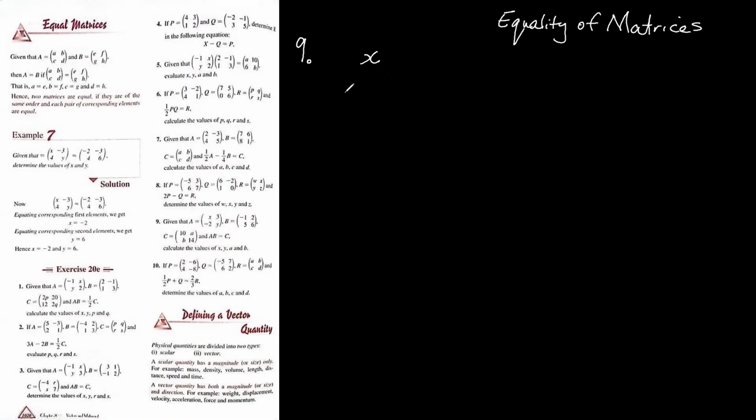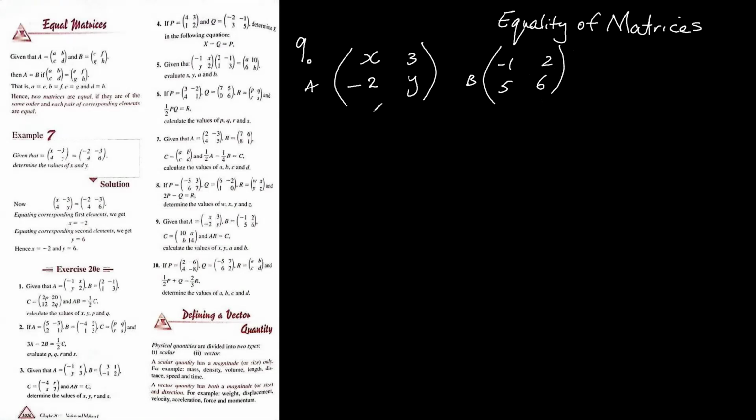This one was a little harder than usual. So this is A, and B is -1, 5, 2, and 6.